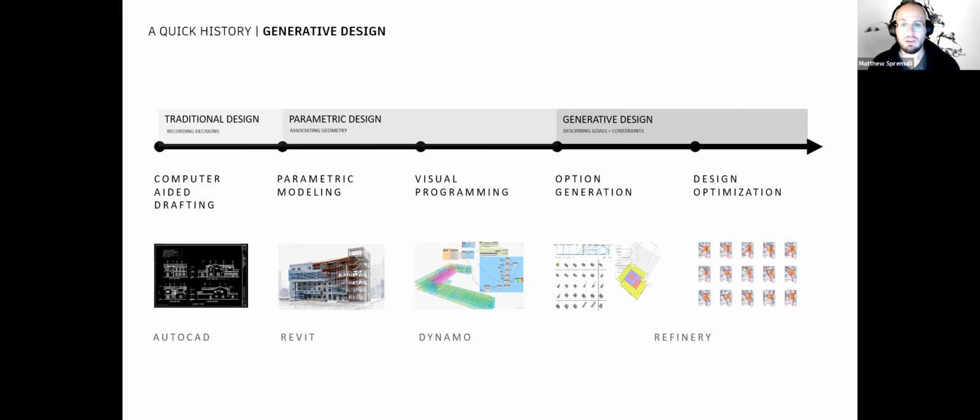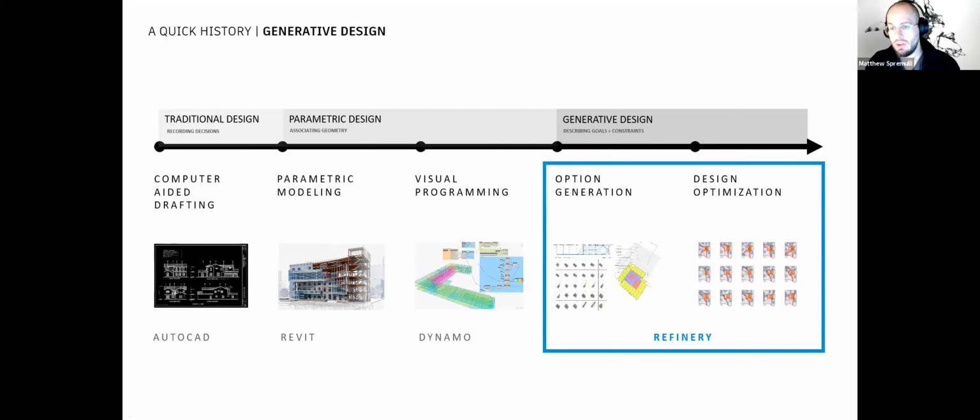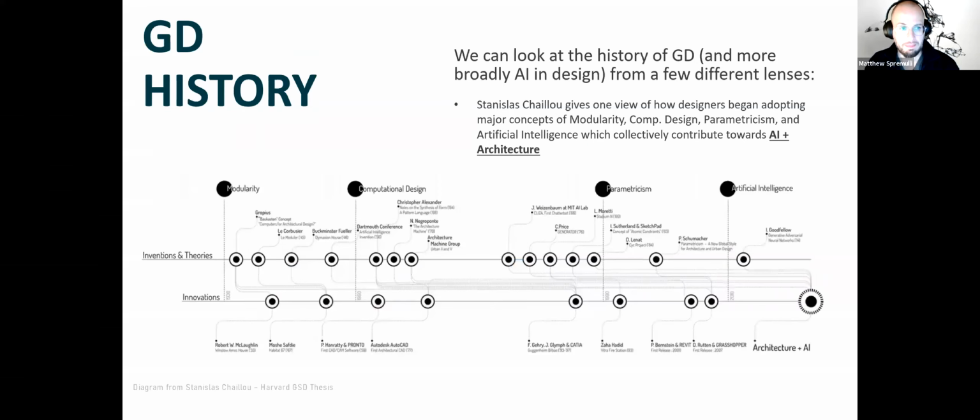This is even further away from the other explicit modeling tools, where you are describing goals and constraints as a designer, and the computer, or more accurately, the software, will come up with options for you or will optimize for you. And so this is what we're going to talk a little bit about further into the talk.